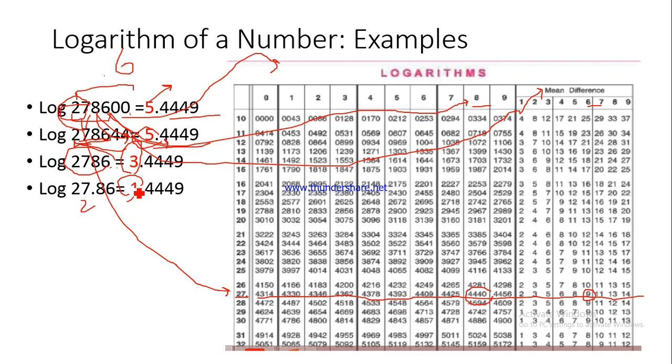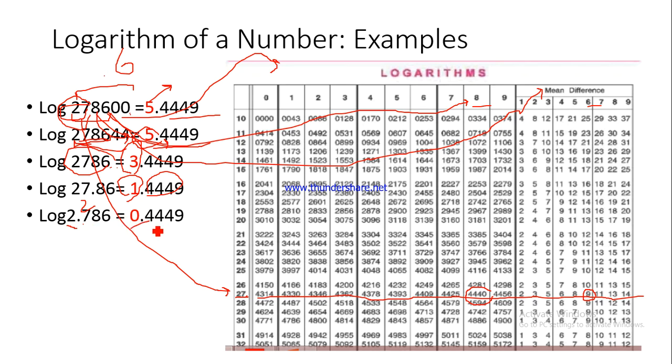So 2 minus 1 gives me 1. And since again 2786, the 4 digits, the mantissa part would remain the same. So 1.4449. Now have a look at 2.786. How many digits before the decimal? Only 1. 1 minus 1 becomes 0. And then again look at 2786, 8 of 27 and 6 of 27.